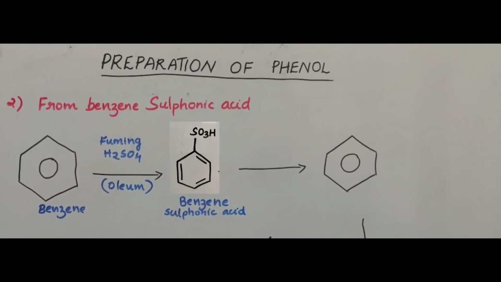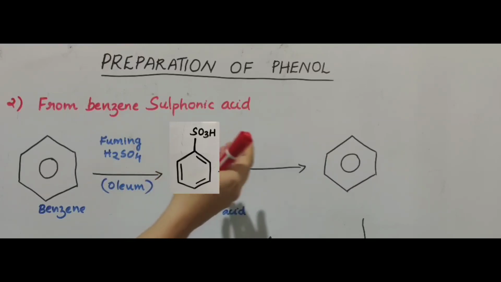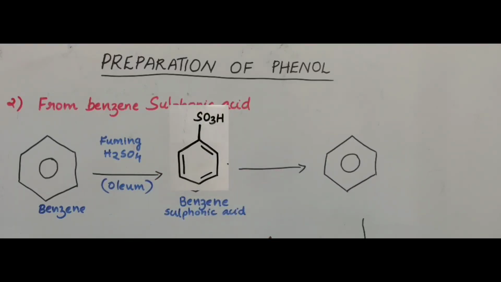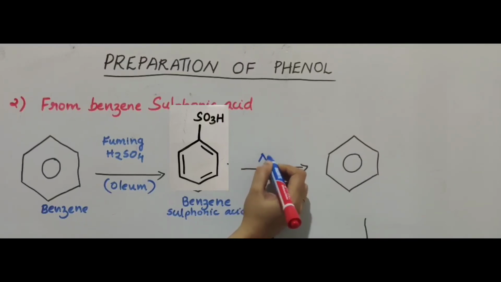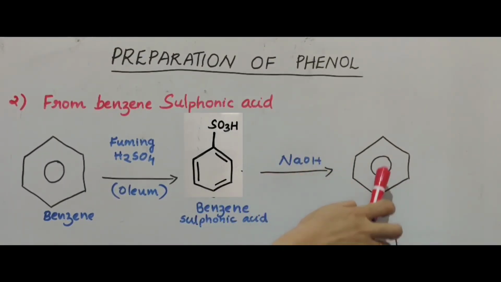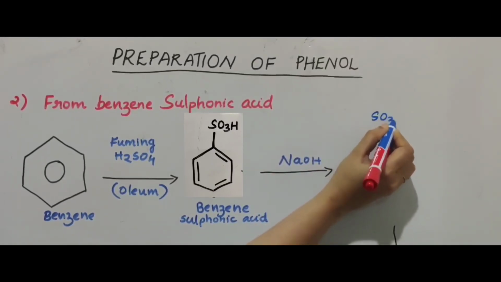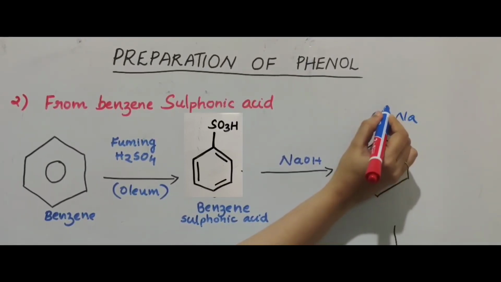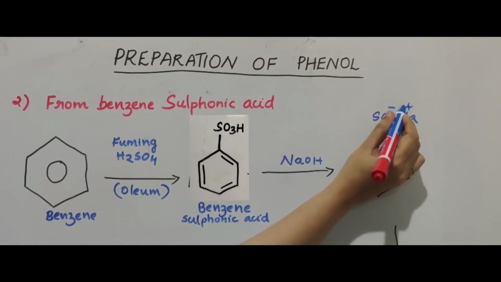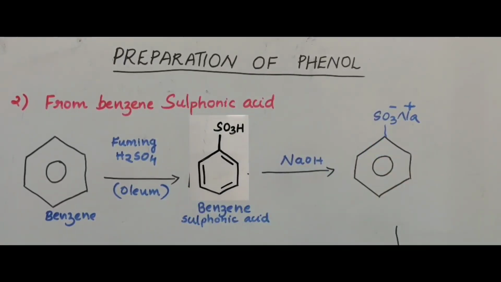Now the next step is heating this benzene sulfonic acid with molten sodium hydroxide to get sodium phenoxide.